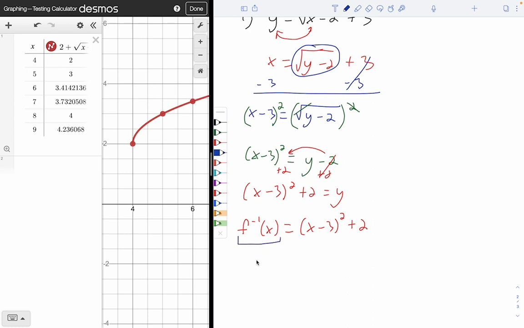This f to the negative 1 of x is just the label for inverse. The negative 1 isn't actually doing anything, it's just the label. So we just labeled it as an inverse, and that is our answer.